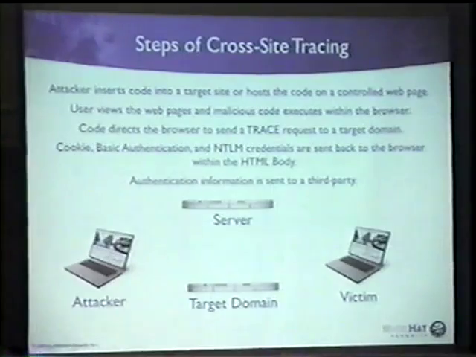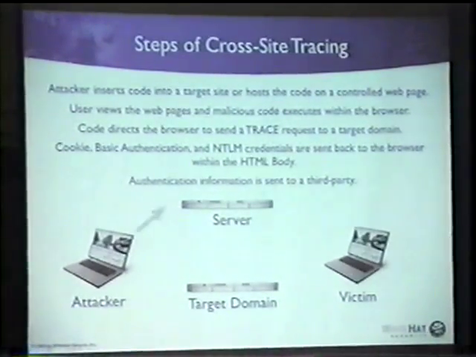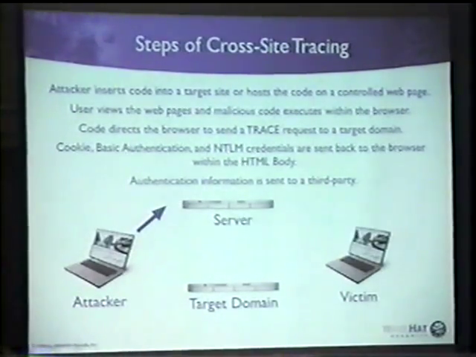So cross-site tracing is somewhat different in the way it loops around. It's good to see this in action. The attacker sends code to the target site, okay? This is probably going to get confusing, so please ask questions if you don't get this. The user then views the malicious code on the site. That web page with the scripted code will return to the victim's browser.